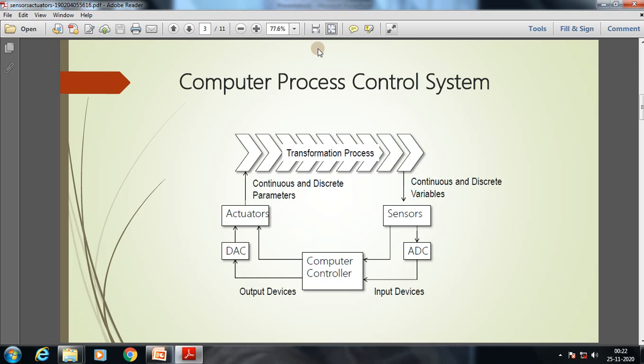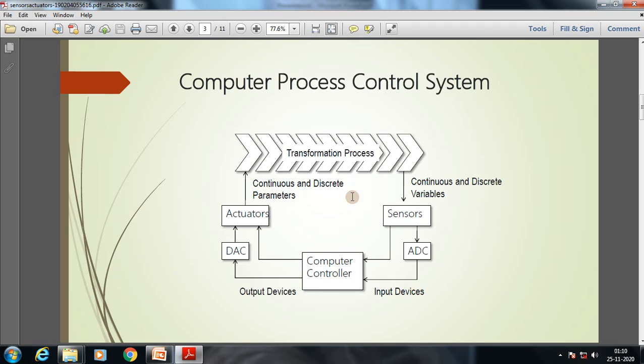The computer process control system, how it works. The transformation process: continuous and discrete parameters, continuous and discrete variables, sensors, analog to digital converter, input devices, computer controller, digital to analog converter, and actuators.